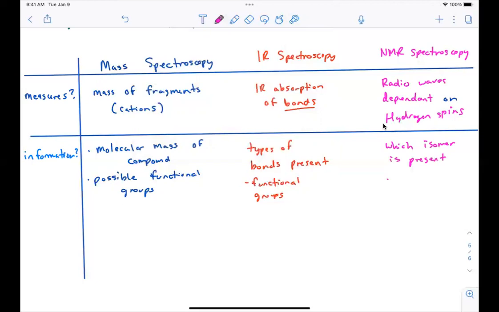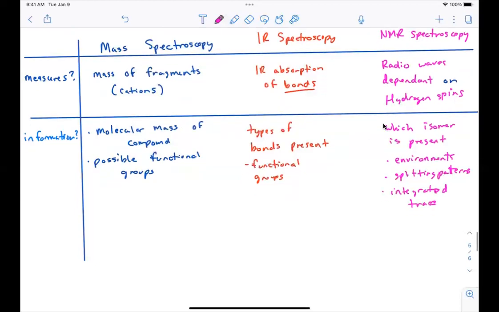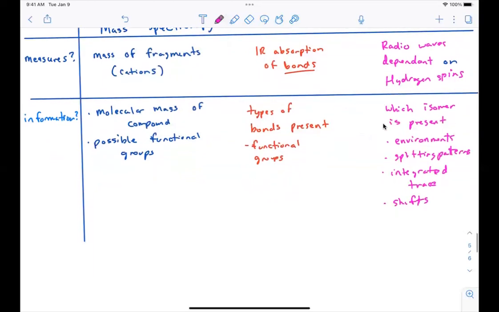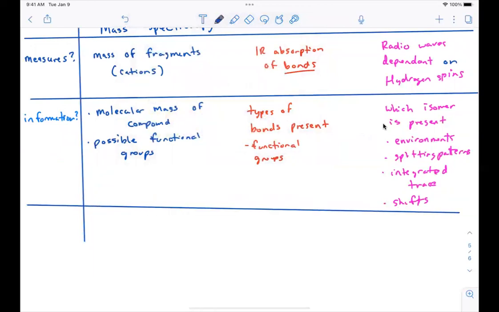So here you're going to be looking at environments, splitting patterns, integrated trace, and shifts. Yes, we will talk about that a little bit more.